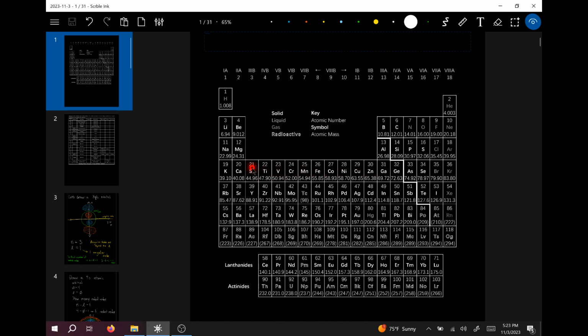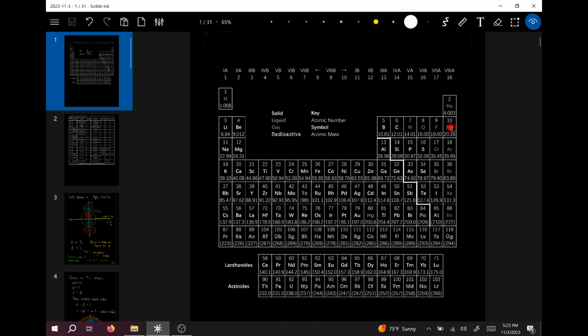There's 10 of them. 1, 2, 3, 4, 5, 6, 7, 8, 9, 10. So this corresponds, if I were looking at zinc here, zinc can have a total of 10 electrons inside of its atomic orbitals, because there's 5 atomic orbitals, each of them holds 2. That works out to 10.